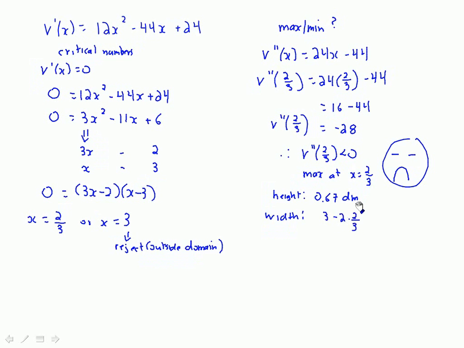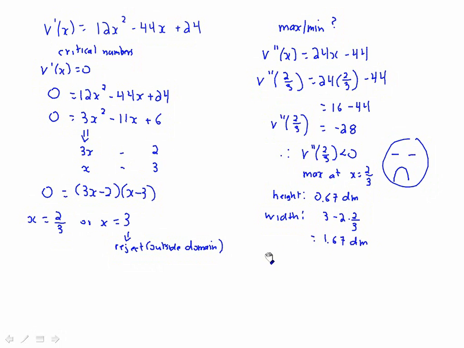I would just drive that right through the calculator, or get a common denominator. So 3 minus 4/3. You shouldn't really need a calculator for this one, but when you decimalize it, you will get 1.67 decimeters.